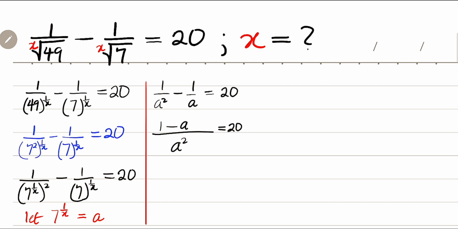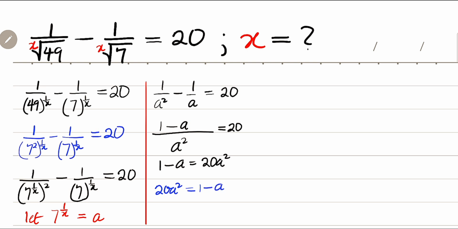Now when we multiply both sides by a raised to 2, we end up having 1 minus a equals 20a raised to 2. Okay, so if I rearrange this, we have 20a squared equals 1 minus a.